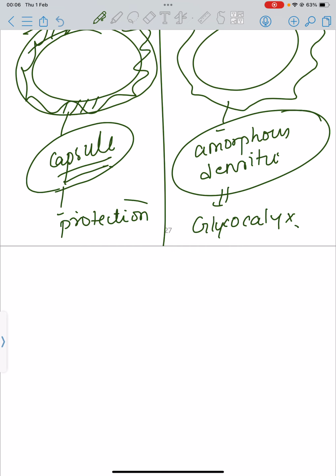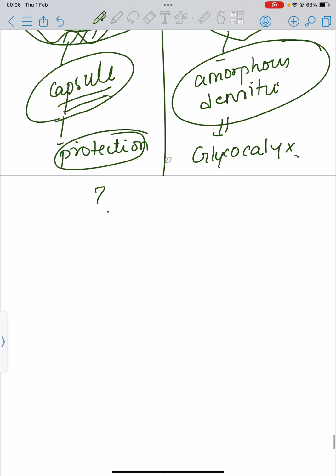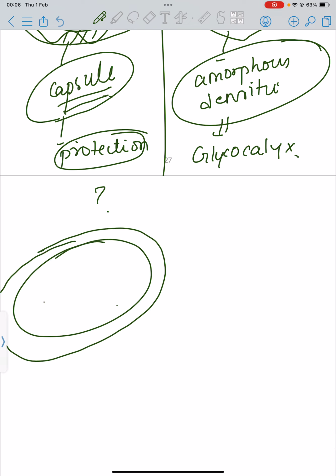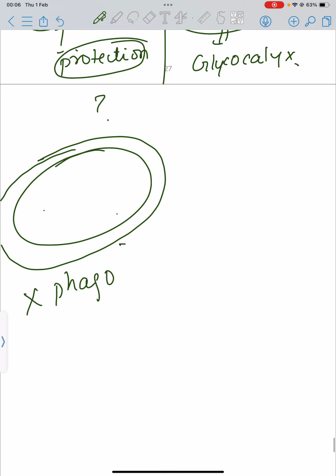Now protection, how? Basically, if the cell has a capsule to itself, then it prevents phagocytosis. How? Because the antibodies cannot bind to the cell wall. The cell wall is basically antigen, and these antibodies cannot bind to the antigen because of the capsule.